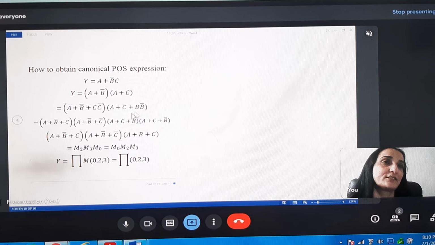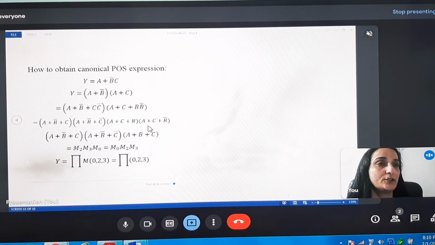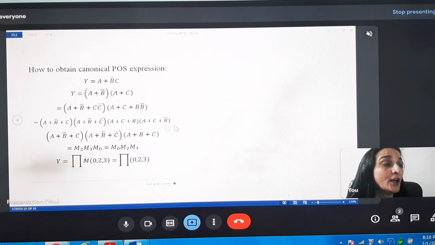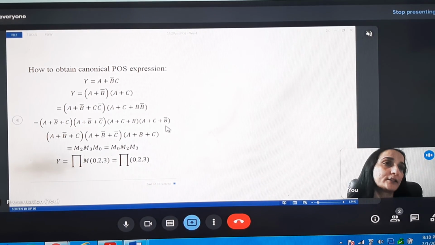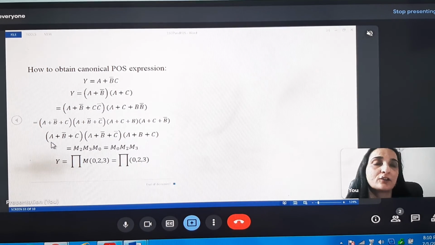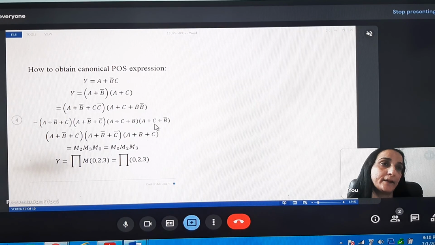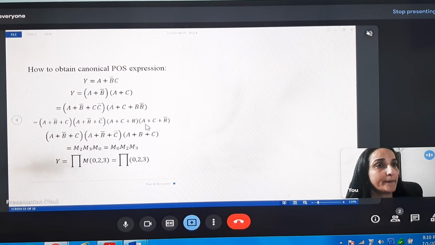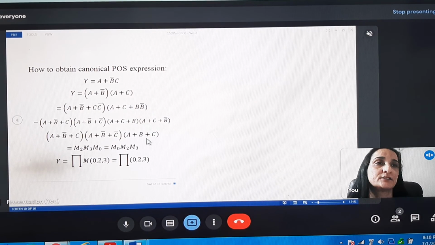X plus YZ is equal to X plus Y into X plus Z, so that A plus C plus B dot A plus C plus B bar. Now we can see that the first term and fourth term are equal.